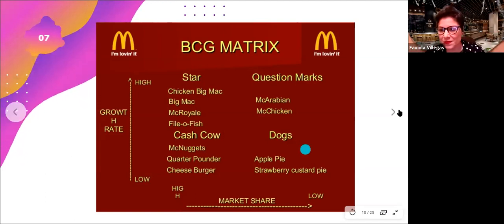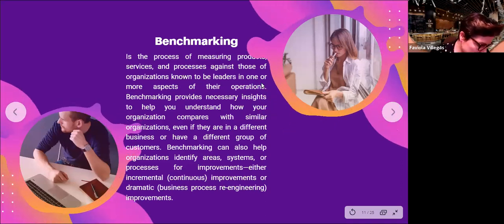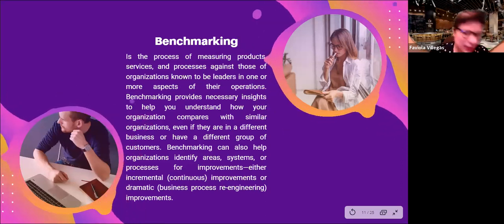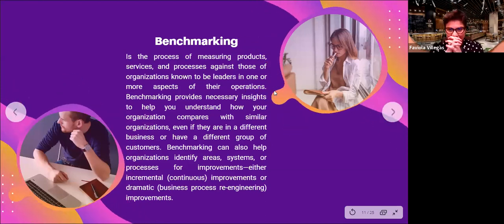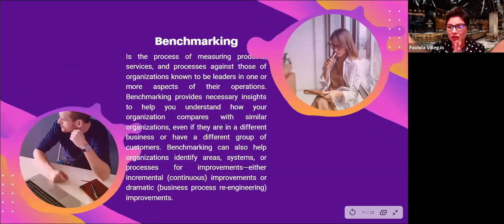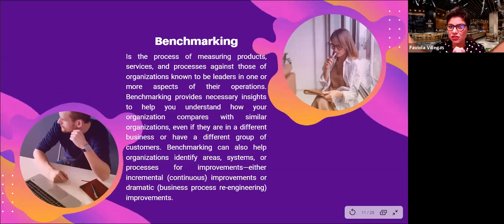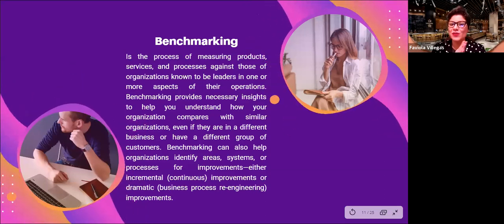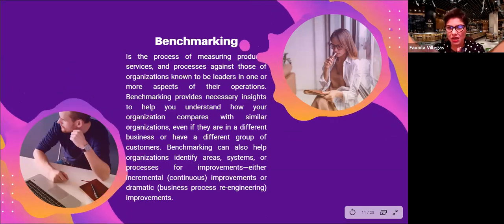Okay, so after that, another question. Benchmarking. Let's talk about monitoring your competitors. Benchmarking is the process of measuring products, services, and processes against those of organizations known to be leaders in one or more aspects of their operations.